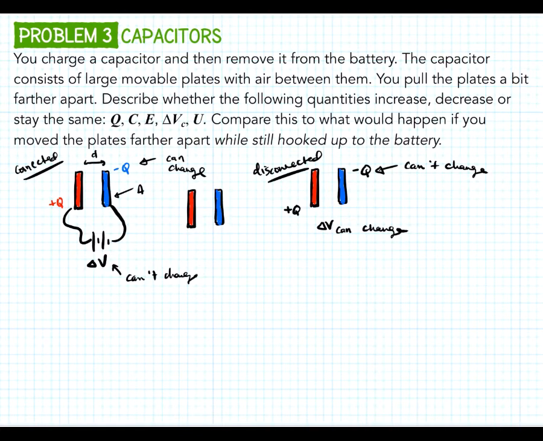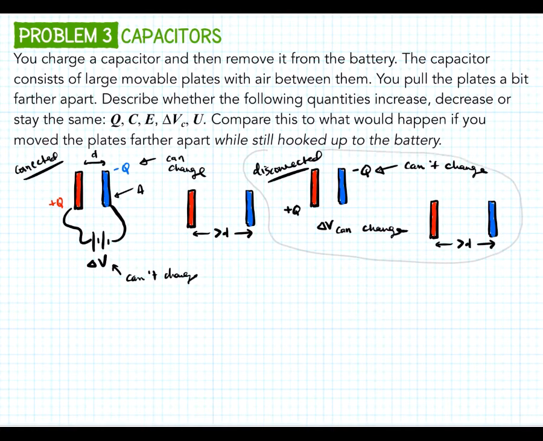So we're going to think about a situation where these plates are moved apart. So we'll take this plate, and we're going to move it apart like this. And so now this distance is greater than d. So we have the disconnected case, and we have the connected case.